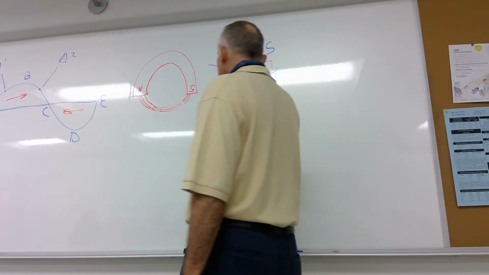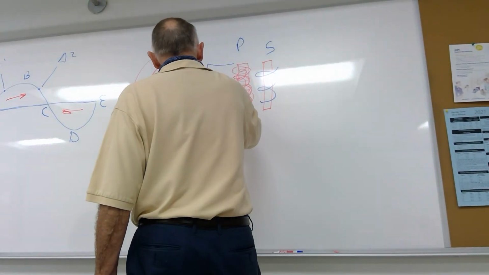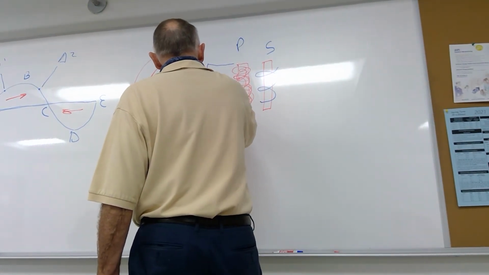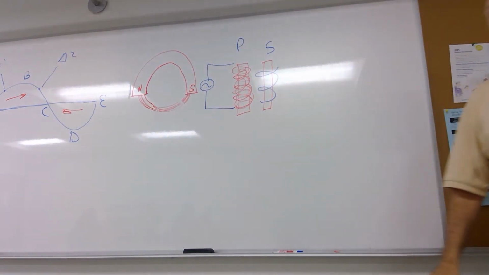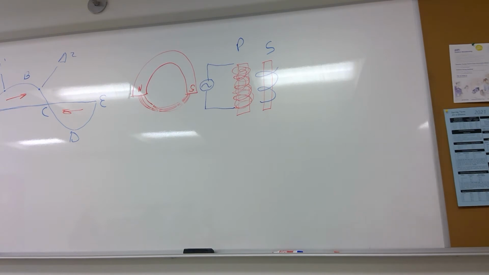And here's the key here. Of course, I think we'll all agree that the primary needs alternating current to work. So on the primary side, it's supplied by alternating current and has a lot of coils or turns in it.